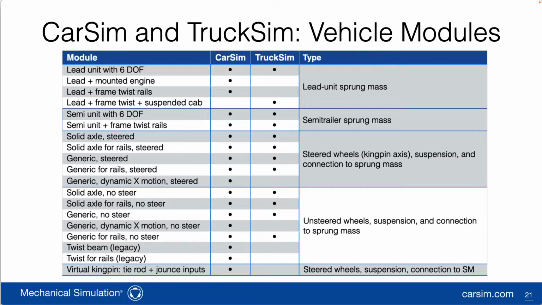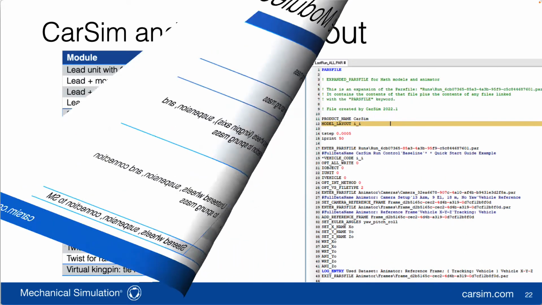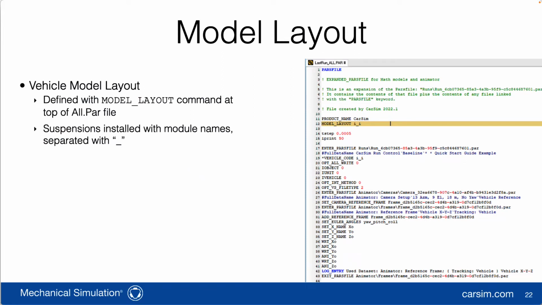So now there is just a single library for 32-bit, a single one for 64-bit in Windows, and the same thing for BikeSim, that has all possible vehicle configurations. The way that these are set up is that when you go to make a run, a command called model layout is encountered.